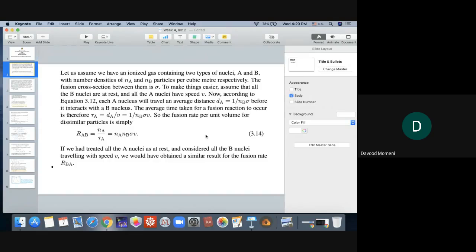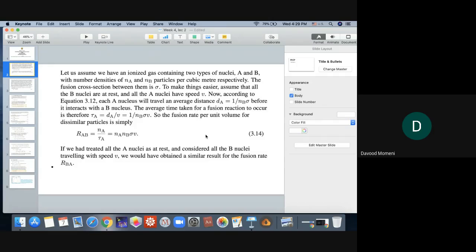And if you remember, d is the distance traveled by the nucleus A. We can write the distance as the inverse of NB sigma, where sigma is the cross section. So this is the distance which nucleus A will travel before interacting with nucleus B.